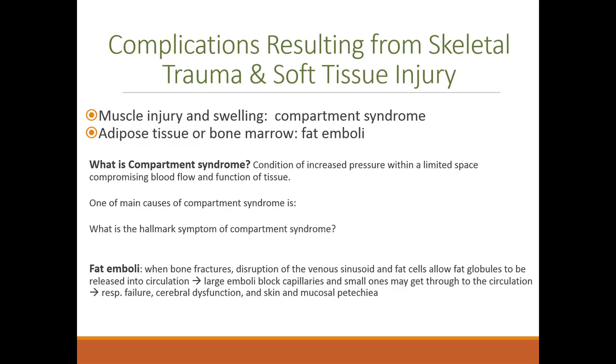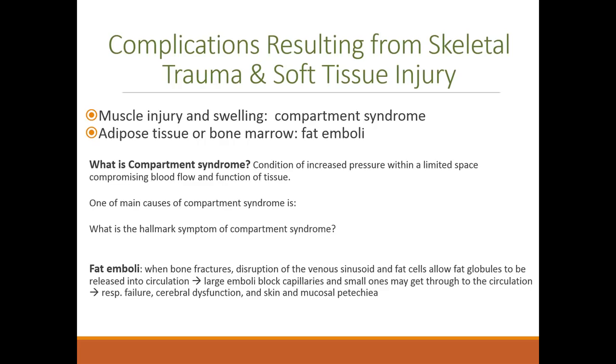Decreasing the compartment size or increasing the volume, both of these things are causes of compartment syndrome. So bleeding into the tissues, swelling and edema, those things will cause compartment syndrome.